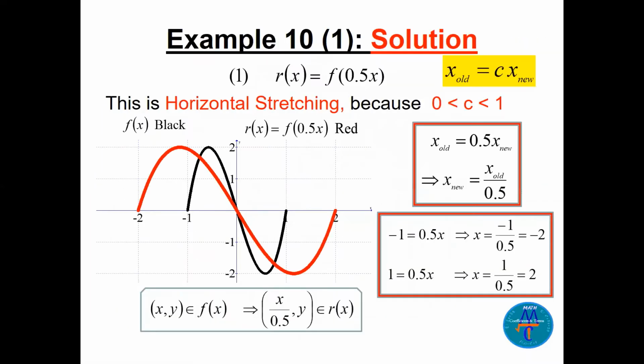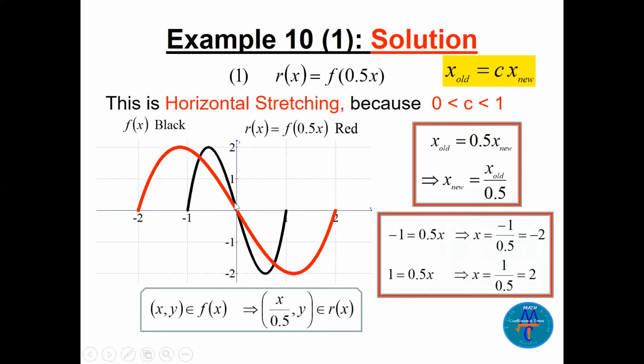Now let's see r of x, what will happen here. c now is 0.5. c between 0 and 1, so this is horizontal stretching. So the graph will be stretched. See, the black one is the original one. How do you know it is stretched? You can see x old, this is the old here. x old is equal to c times x new. So what is x old? It is 1, right? x old is 1 here.